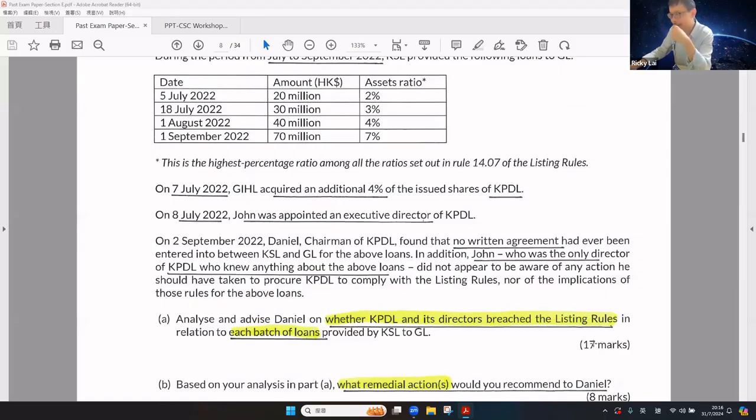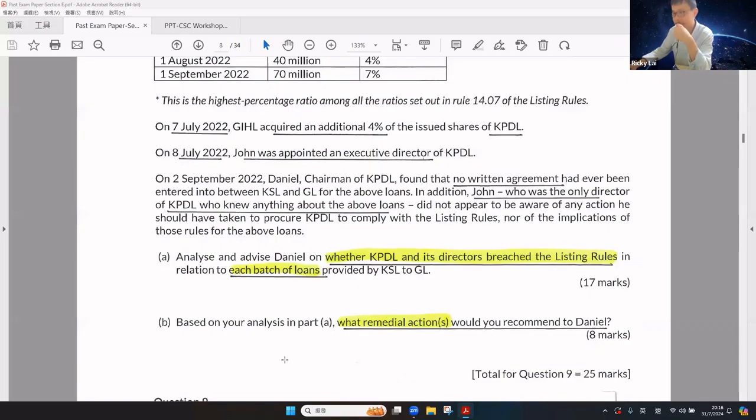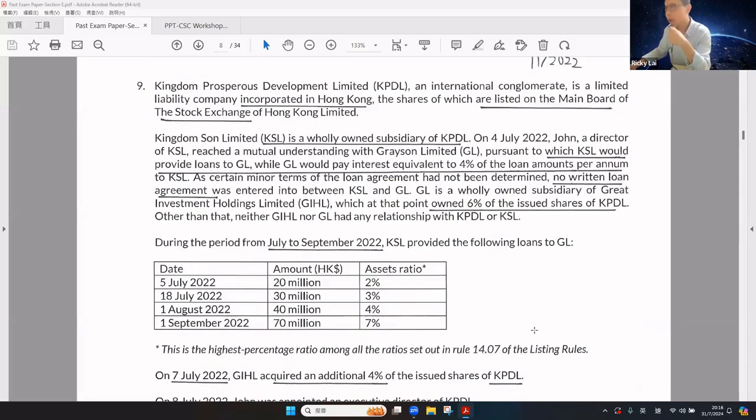Okay, you can see the marks are very significant. 17 marks. This means that you must write at least 3 pages for a 17-mark answer. And based on A, what are the actions you can recommend to Daniel? 8 marks. Okay, so you need to write around, let's say, 1.5 pages.